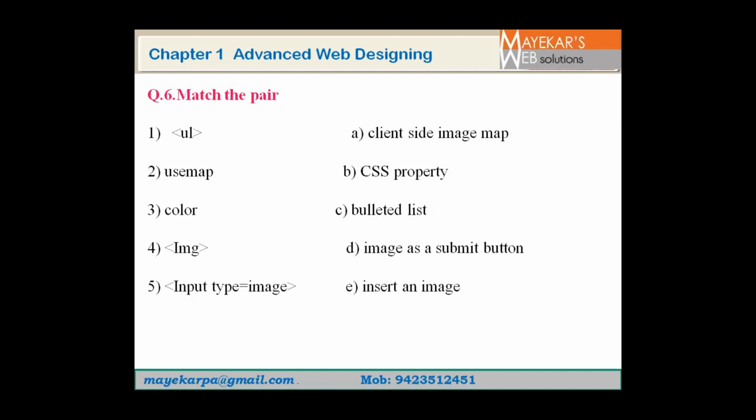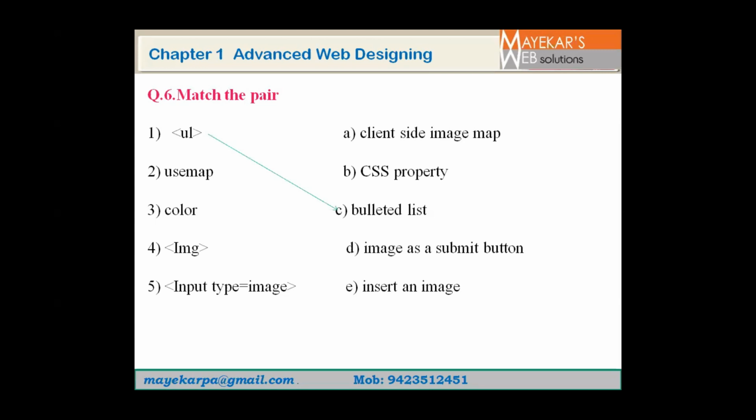UL is not a CSS property. Third option is bulleted list. UL means unordered list. Unordered list means without numbering we can create a list, means with bullets we can create a list. So the UL tag is applicable to bulleted list.